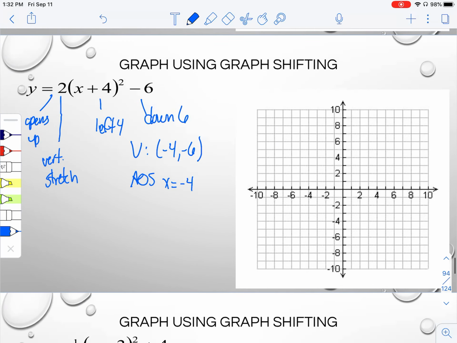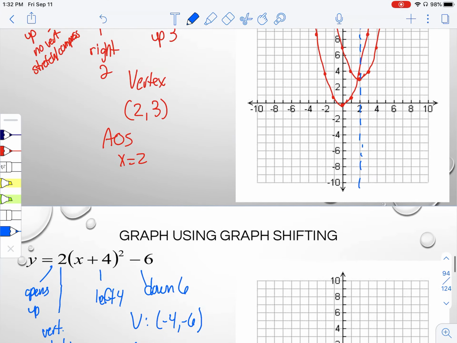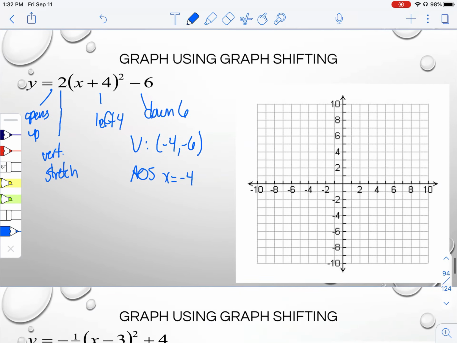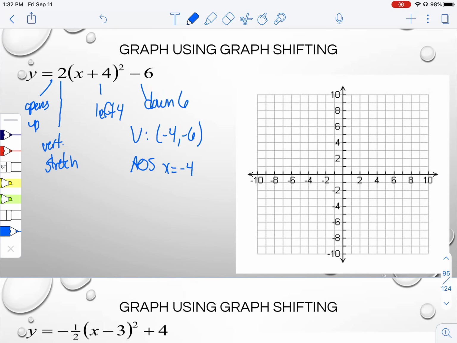So our normal parabola, we can take this graph up here, our parent graph, graph that one.